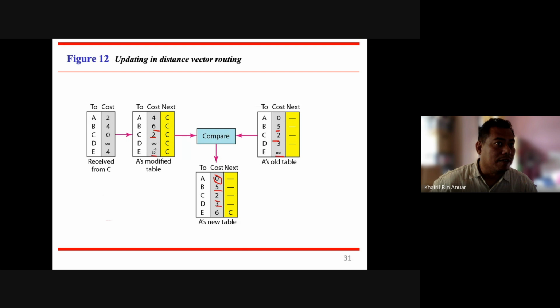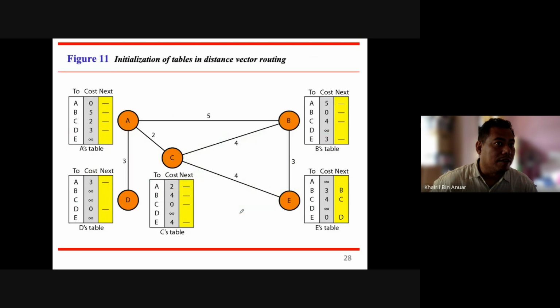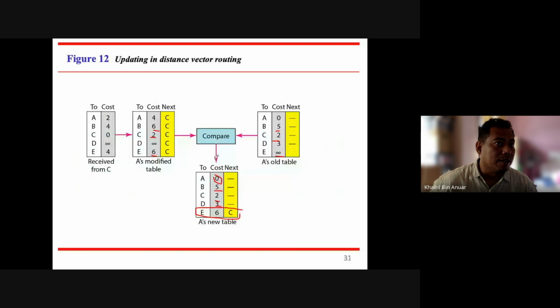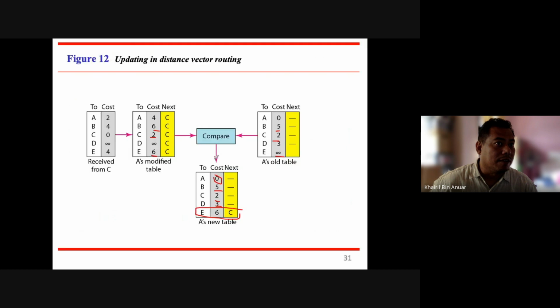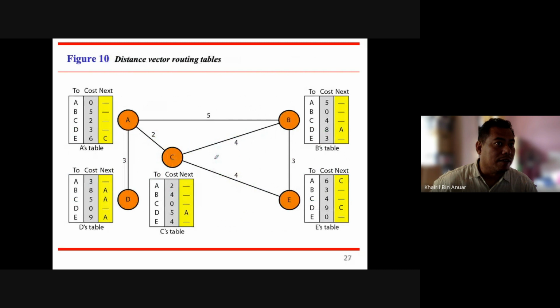The E itself, it doesn't know where to get to E. So now you get the information that going to E, it has to pass through C. So now the only information that is updated here is E, because it didn't know where to go to E. So this is where you can see it being updated, using distance vector.